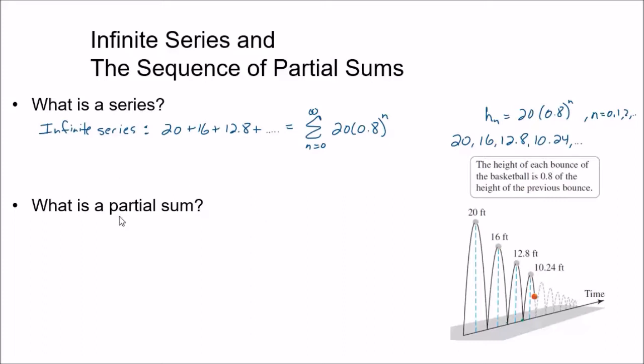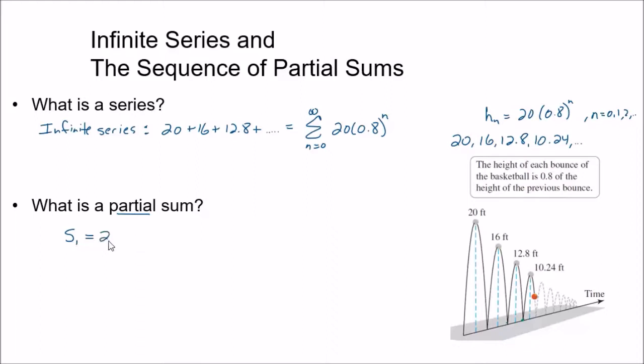A partial sum is not adding up all the terms, all right? Partial is the key here. We're only going to add up a part of the terms. I was going to say some of the sum. So the partial sum is denoted with a capital S, and the subscript tells you how many terms you're adding.